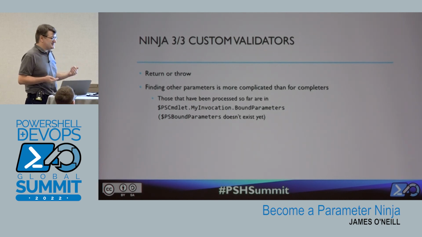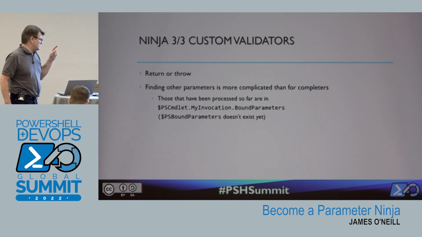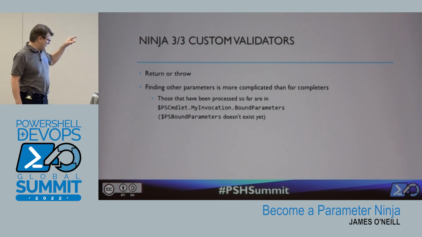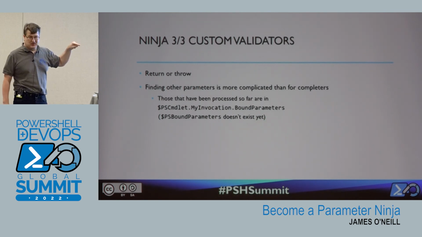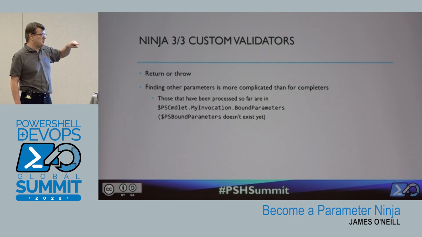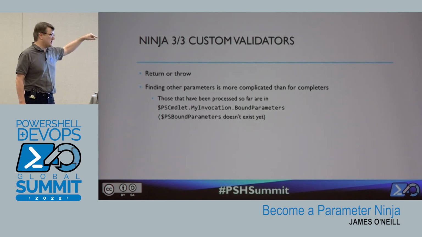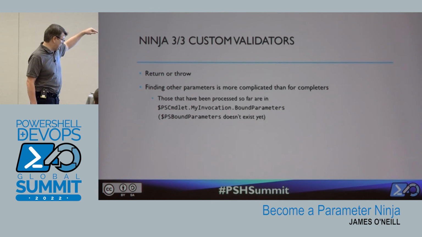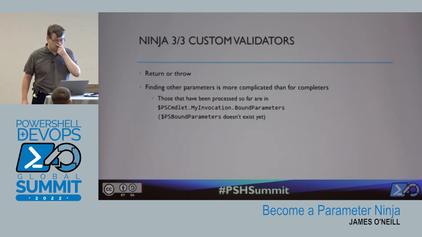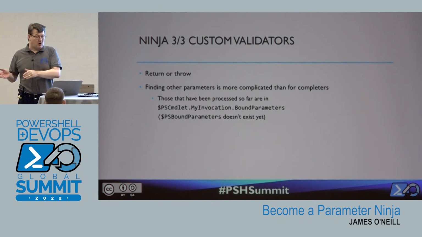That's all it does. It's slightly more awkward for a validator to find out the other parameters. For anybody that needs to find them, I've put that on the slide. PS bound parameters doesn't exist when the custom validator is running, and you can only see the parameters that come before you on the command line because they have been bound and they're available in my invocation. So you can see what's available to a validator.